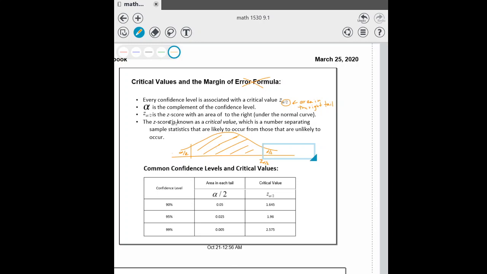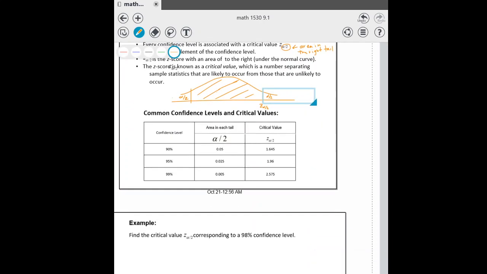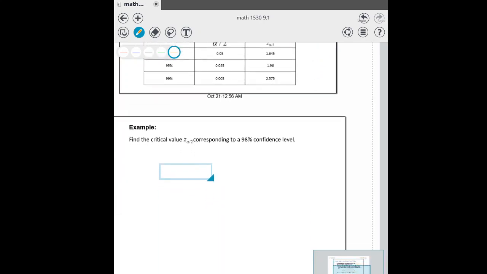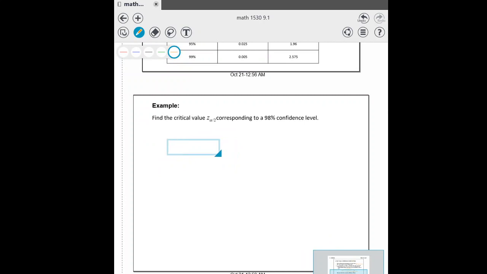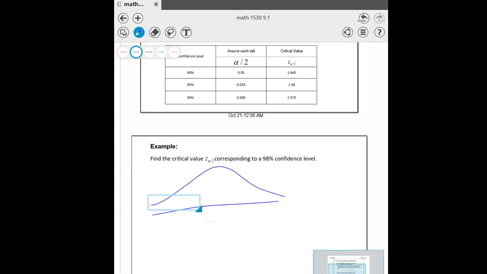Okay? All right, this table is a list of common critical values, but MyLabs Plus could ask you to find any critical value, so they won't always be in this table. So we just need to know how to do them in StatCrunch, okay? So here's an example. Find the critical value z alpha over 2 corresponding to a 98% confidence level. So what that means is if I drew my normal curve, z alpha over 2, because we're talking about confidence intervals, there's two tails.